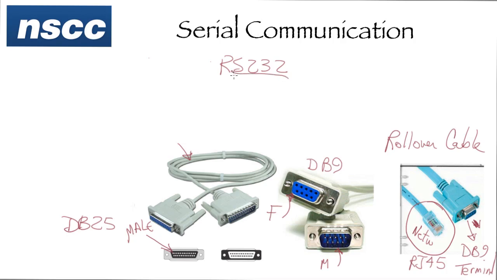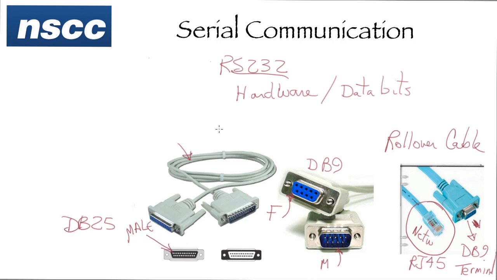Now the RS-232 standard defined the hardware, pins, how they worked, as well as the format of the data bits. But it didn't totally define the connectors in every situation. So you get a lot of different connectors that are out there.